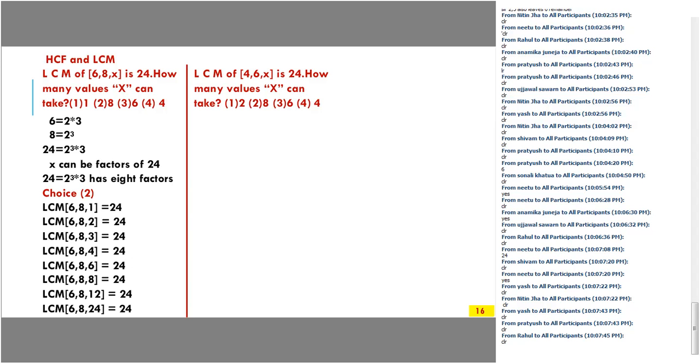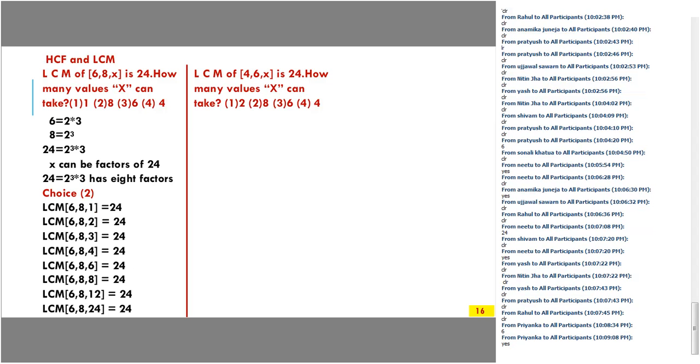Next one. Tell me what's the next question. How many values can x take? Are you trying, or shall we do it together? I've tried, all of you have tried. What is 4? Is it 2 squared?